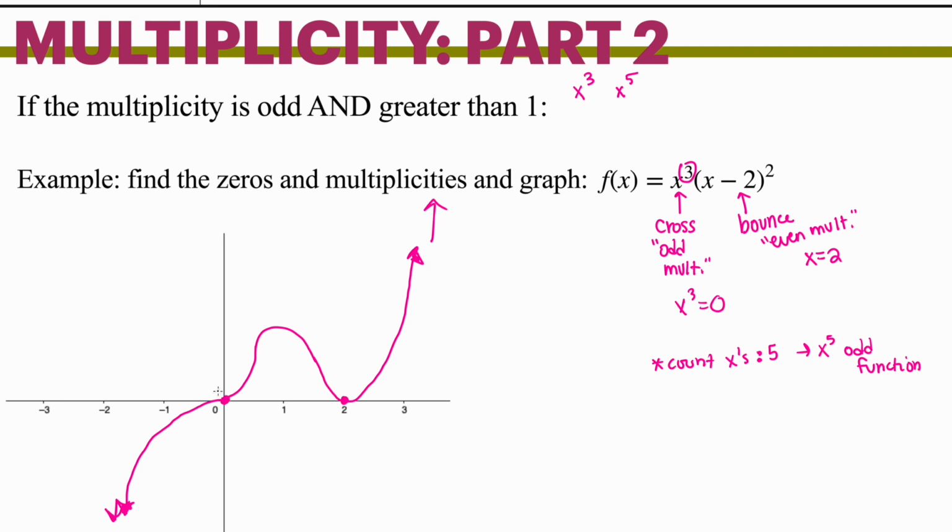So again, at this multiplicity, it turns from one direction and then turns back in the opposite direction if there's a multiplicity of a 3, a 5, a 7, and so forth. But at 2, because it's even, it automatically bounces.